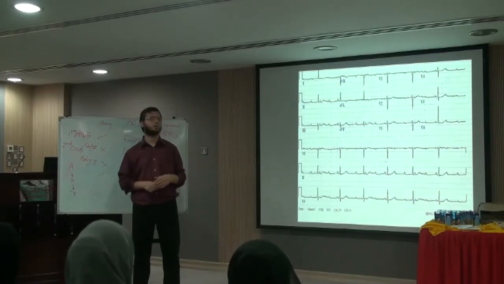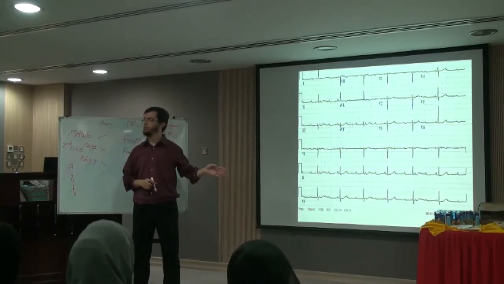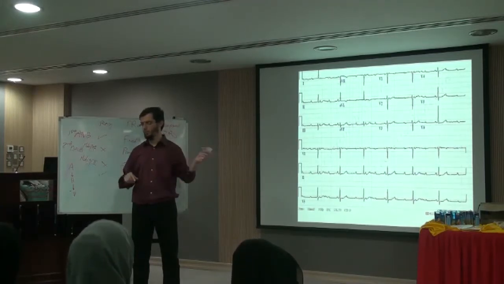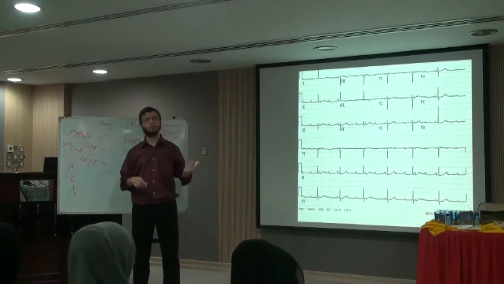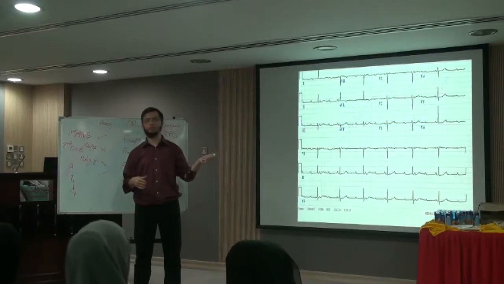So when you say third degree AV block or complete heart block, don't say this is an AV dissociation. AV dissociation is something else. Other than the third degree AV block, it can be ventricular rate faster than the atrial, for example in cases of VTAC. In VTAC, you will find ventricular rate faster than the atrial.